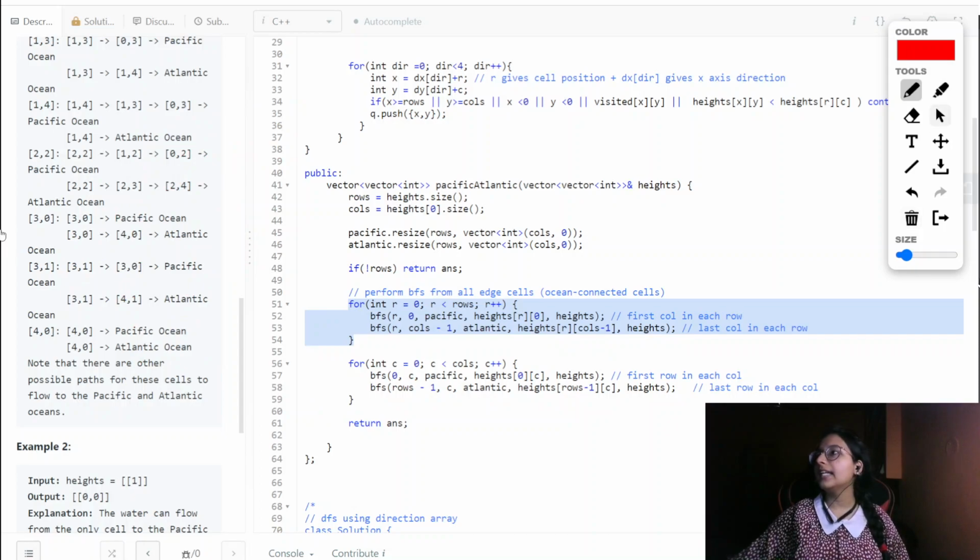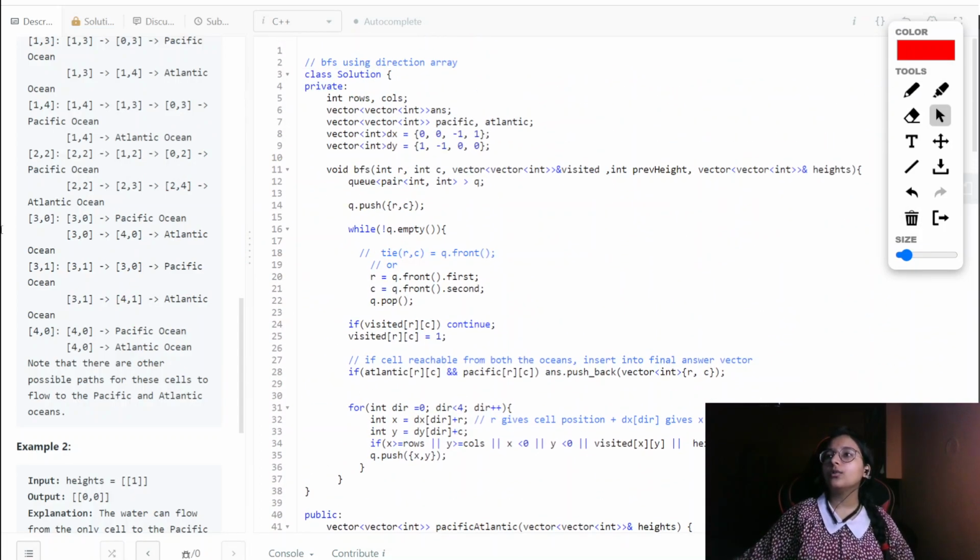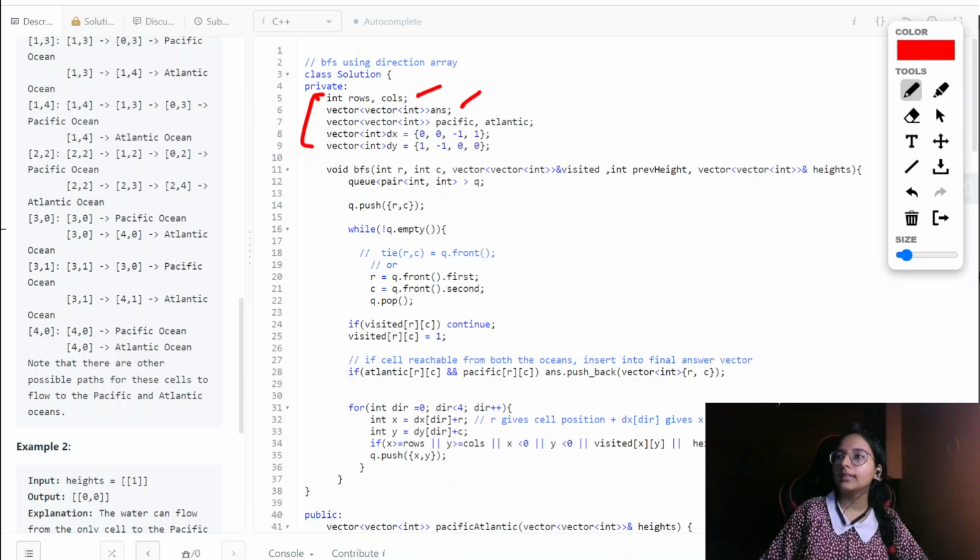So now let us go ahead to what our BFS main logic is. So here the thing is that at the starting only I have taken these as the private global variables, our row and column, then our answer, because in this particular BFS I'm not passing my answer, so that's why I've taken it as a global variable, and this one is also global and this one is also global, because again I'm not passing the Pacific and Atlantic visited as it is.